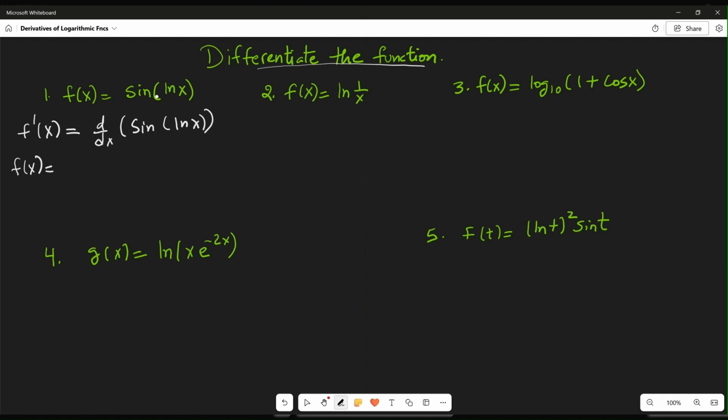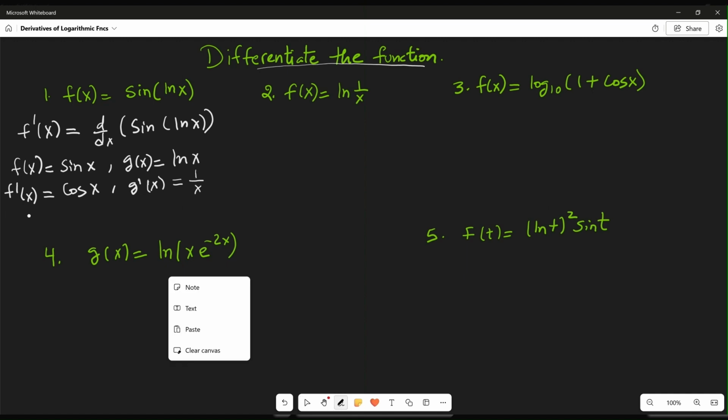Okay, so the outer function we can tell is sine x, right? And the inner function inside the parentheses is ln x. The derivative of the outer function sine x, we know, is cosine x, and the derivative of this inner function natural log x, we just recently reviewed in the previous video, is 1 over x.